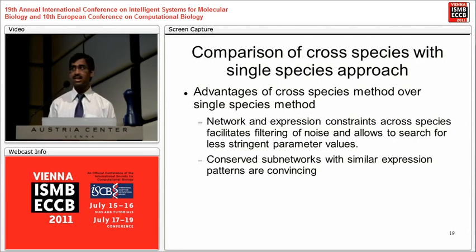So this coherency constraint limits the number of random subnetworks, and we are able to get a lot of significant real subnetworks. Also, if I give you a particular subnetwork which shows similar behavior in two species, then it's a lot more interesting for you to look at and to develop hypotheses for.